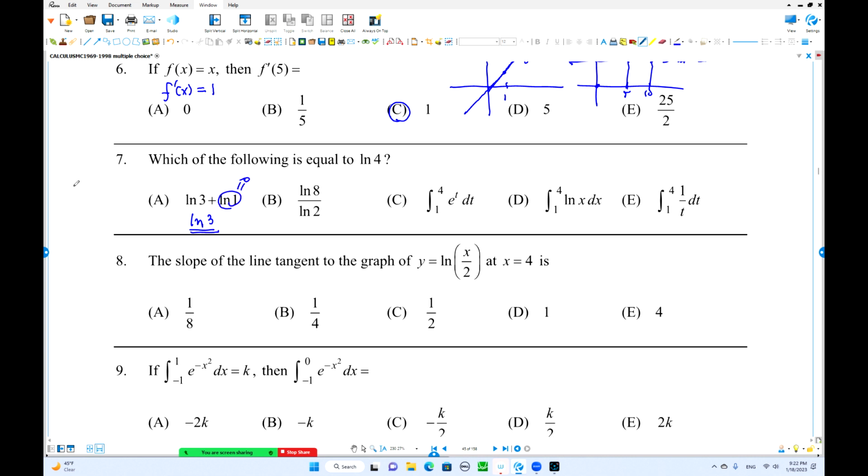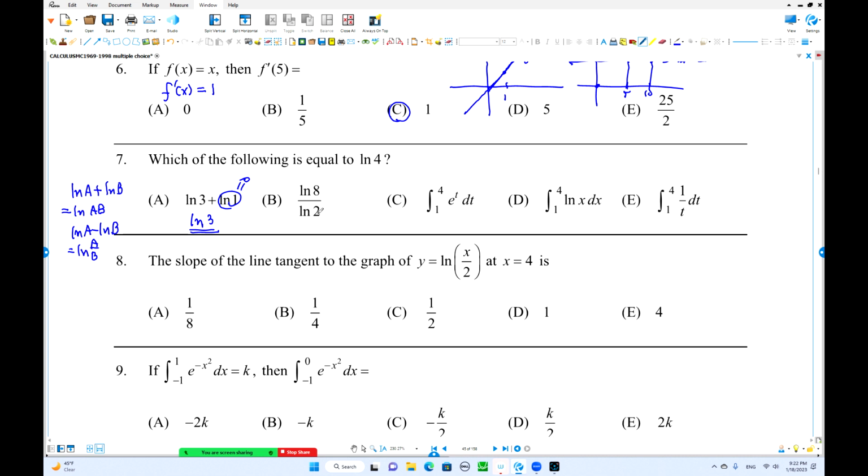You understand? ln A plus ln B, with addition, equals ln of A times B. We said this is the product rule. The next one is ln A minus ln B. That is a quotient, ln of A over B. When you put it inside one log, that is A over B.